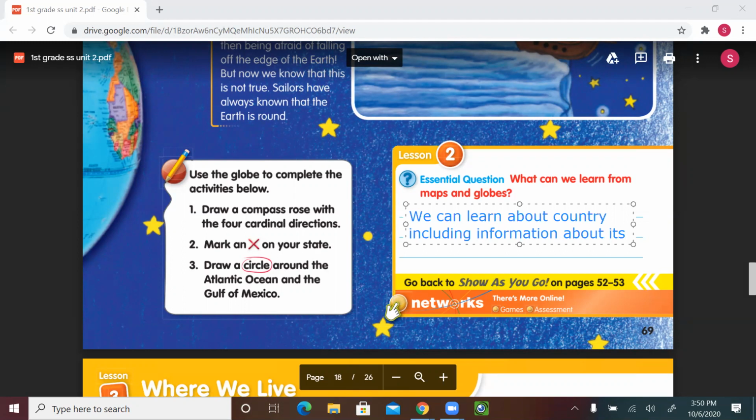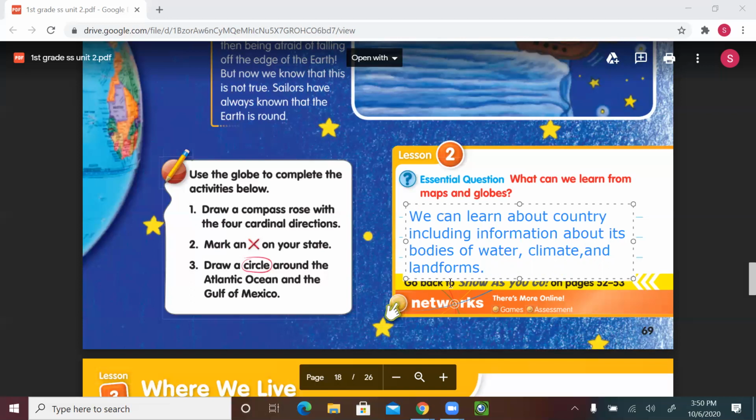Yes, its bodies of water. We can also learn about climate and landforms like mountains and valleys, plains, all this.